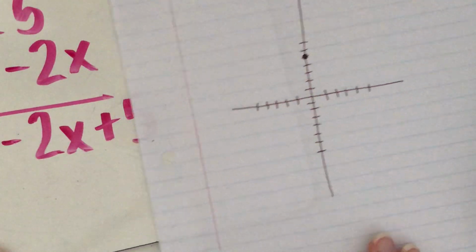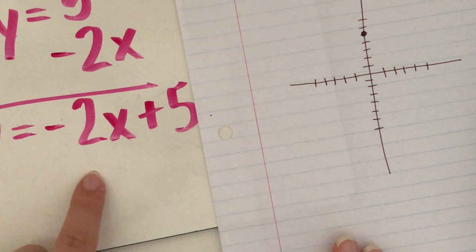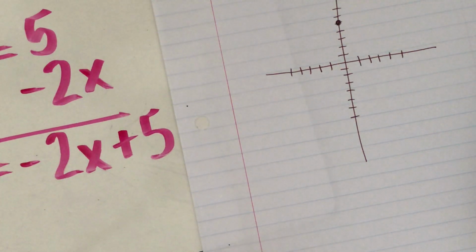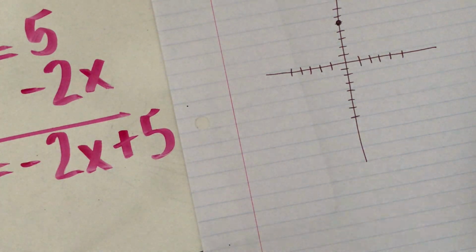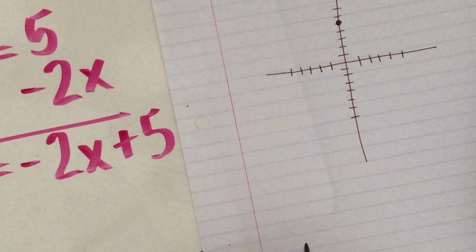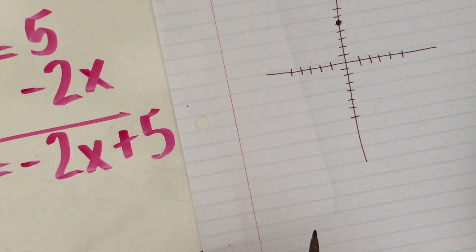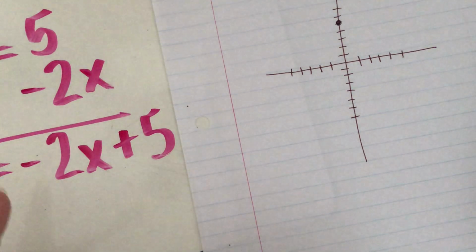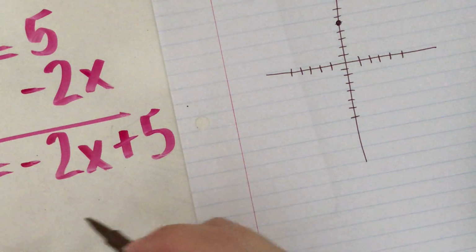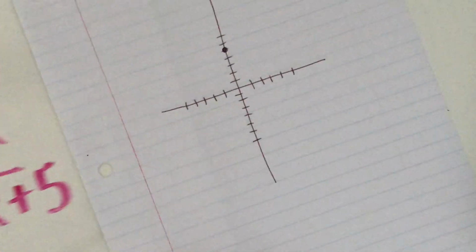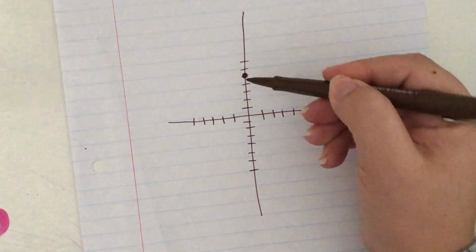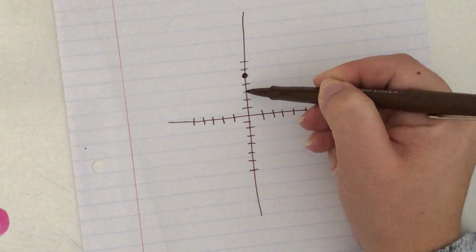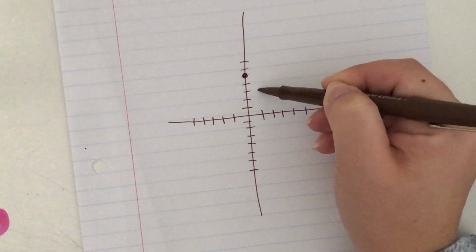So notice here, my slope is a negative 2x, okay? So remember that when we were dealing with slope, it's rise over run. But if I have a whole number, it's always going to have a run of 1. Because think of it, if I were to put that in a fraction, it would be negative 2 over 1. So that means that I'm going to go down 2 points from my y-intercept value, and I'm going to run 1.